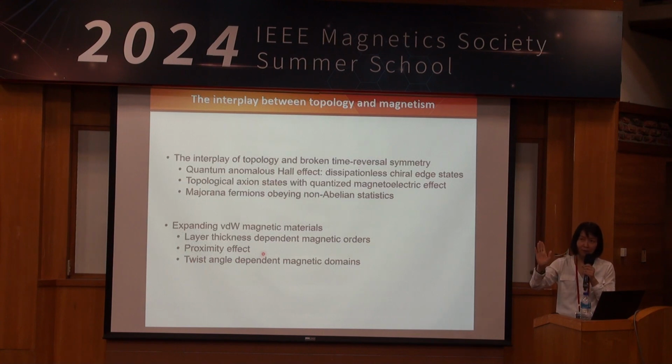The proximity field is on the order of 10 Tesla, and you can use that 10 Tesla field to do many different things. And in topological material, there are all these exotic condensed matter phenomena predicted. Maybe the only thing that some of you will be interested in is dissipationless chiral edge states. They also have a quantized magnetoelectric effect.